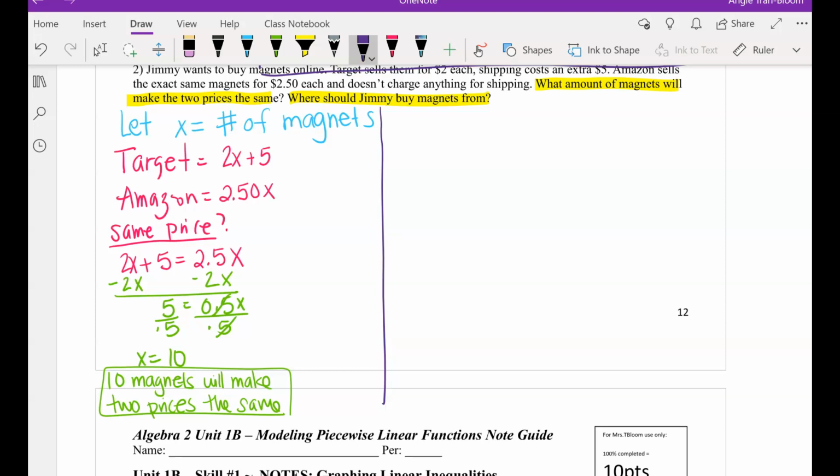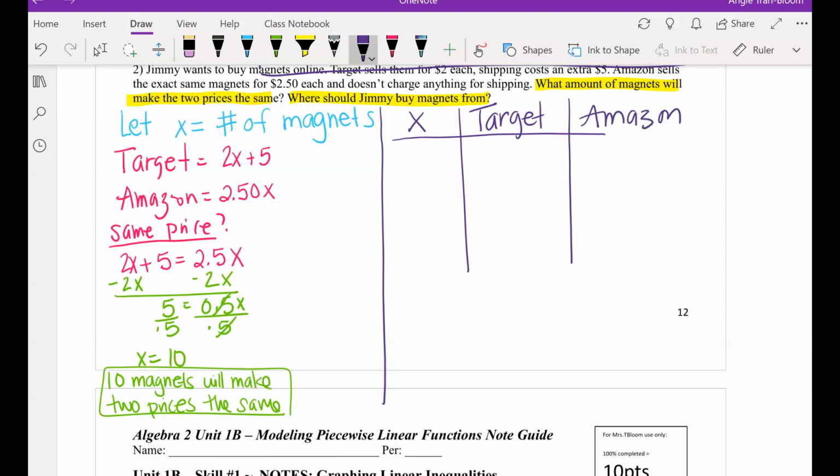So here's normally what I do. X is the magnet. We have two stores to compare. You have Target and you have what? Amazon. Now, if we order exactly 10 magnets, the price of Target should equal the price of what?